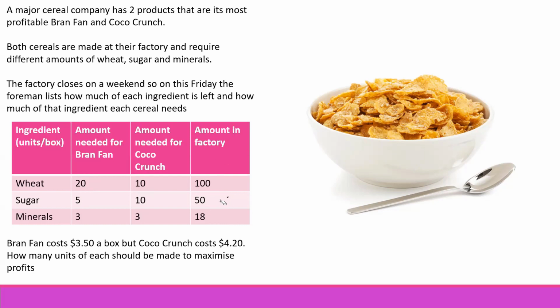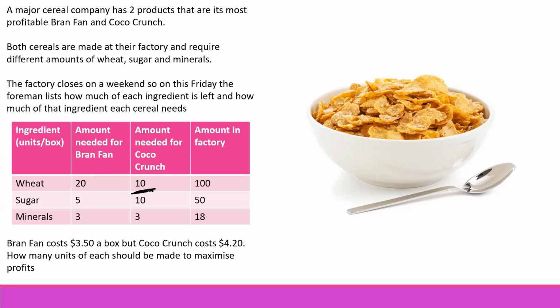I reckon it makes more sense to make Cocoa Crunch, because you don't need as much wheat to make Cocoa Crunch. You need a lot of wheat to make Bran Fan.